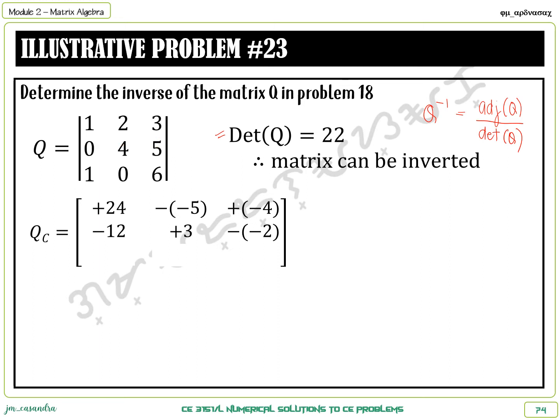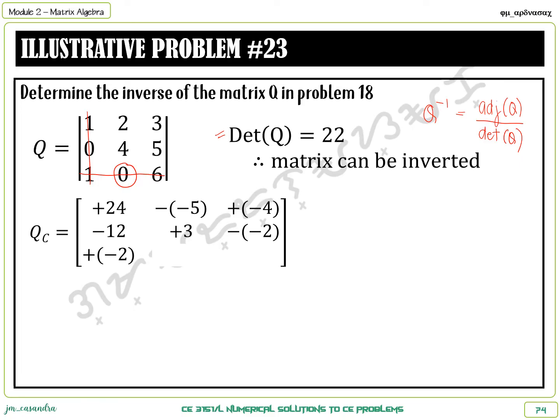So next we have 3, 1. So we'll have now positive 2 times 5 minus 4 times 12, or that will give us positive negative 2. Next, we have 3, 2.